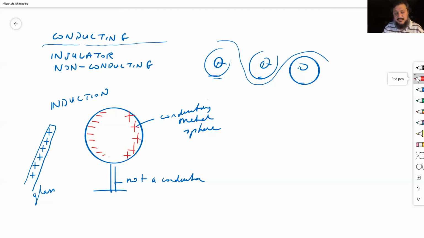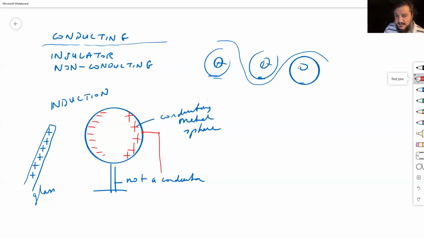But at this point, while the glass is still close to the sphere, we can do this. We can take a piece of copper cable, a piece of wire, and attach it to the sphere on the other side where we have positive charges.